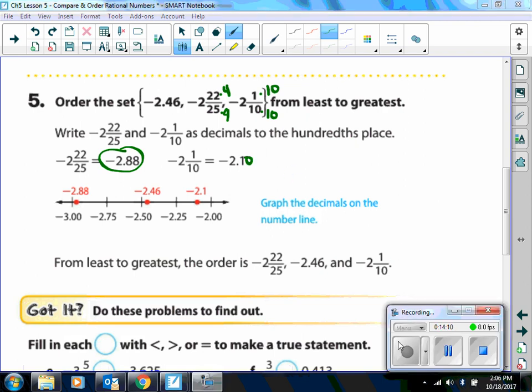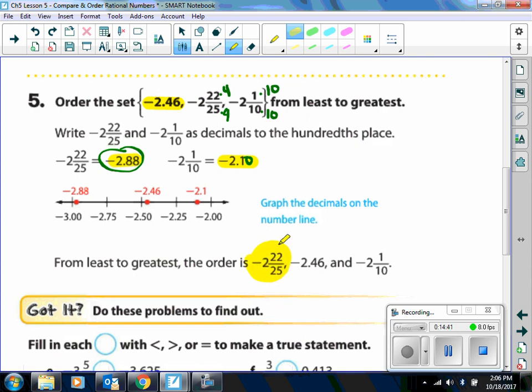So now we can compare our decimals. So we're going to compare the negative 2 and 88 hundredths, the negative 2 and 10 hundredths, and the negative 2 and 46 hundredths. There they are on the number line. So in order from least to greatest, we've got negative 2.88, which is negative 2 and 22/25ths.